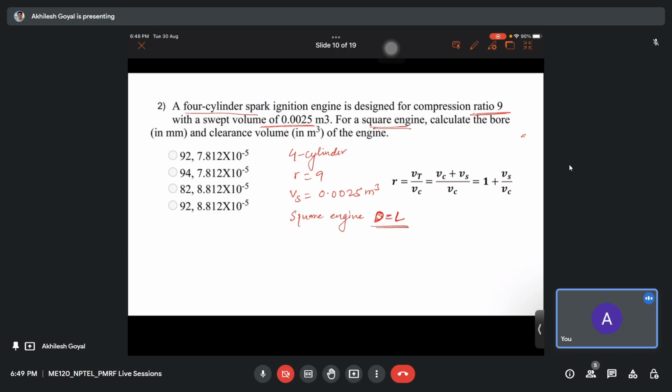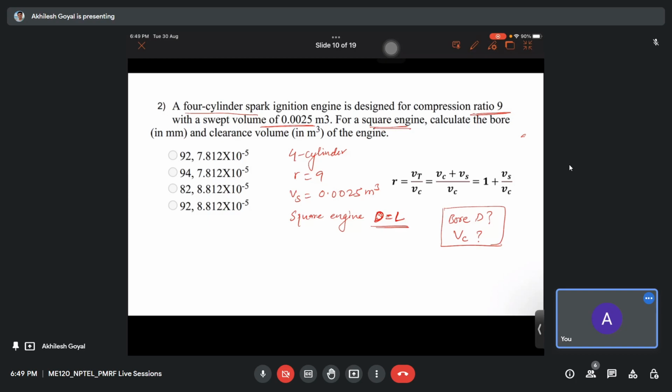So these things are given, and we are being asked for bore diameter D and clearance volume Vc. These two things we have to calculate.